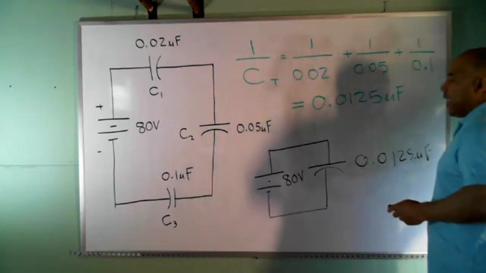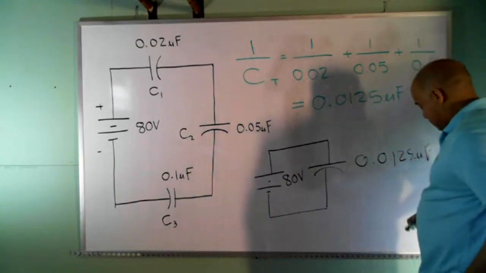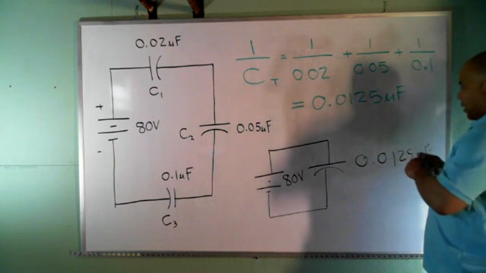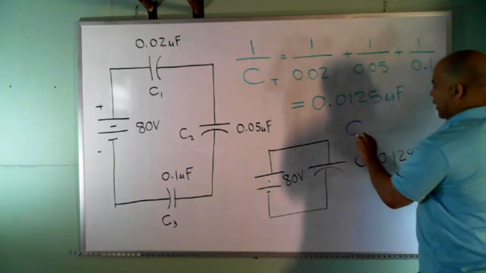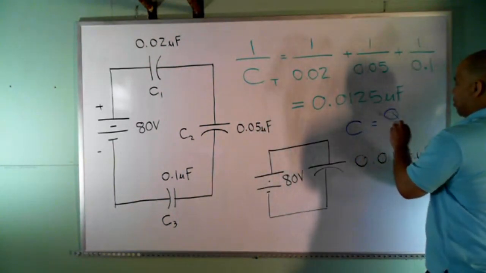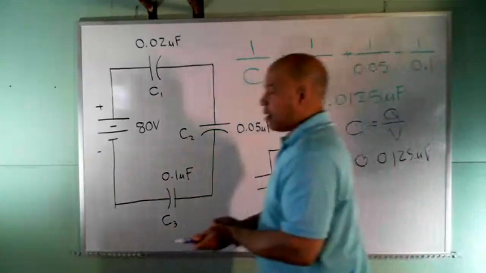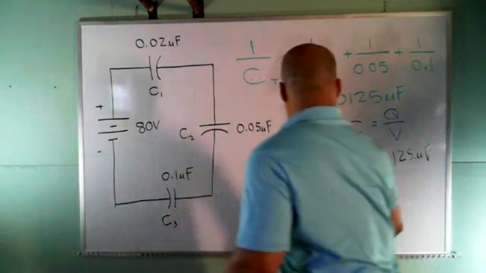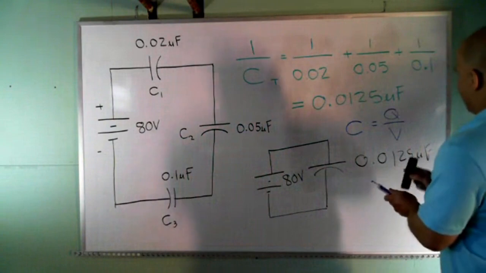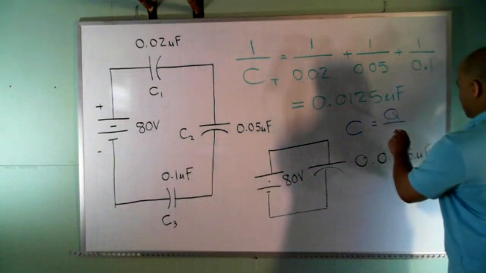So in this equation that I'm working with, C equals Q over V. What I know so far, well, V they gave us, that was easy. That's 80 volts.